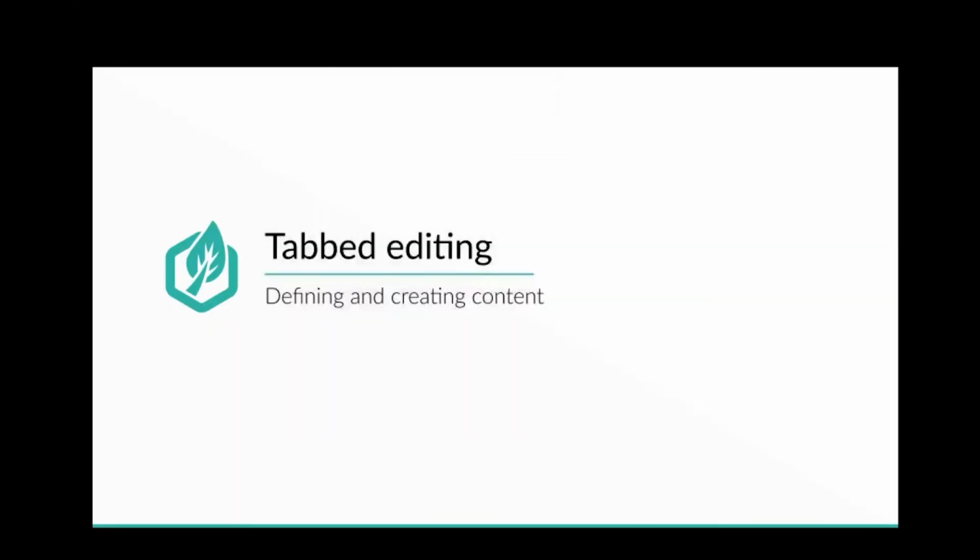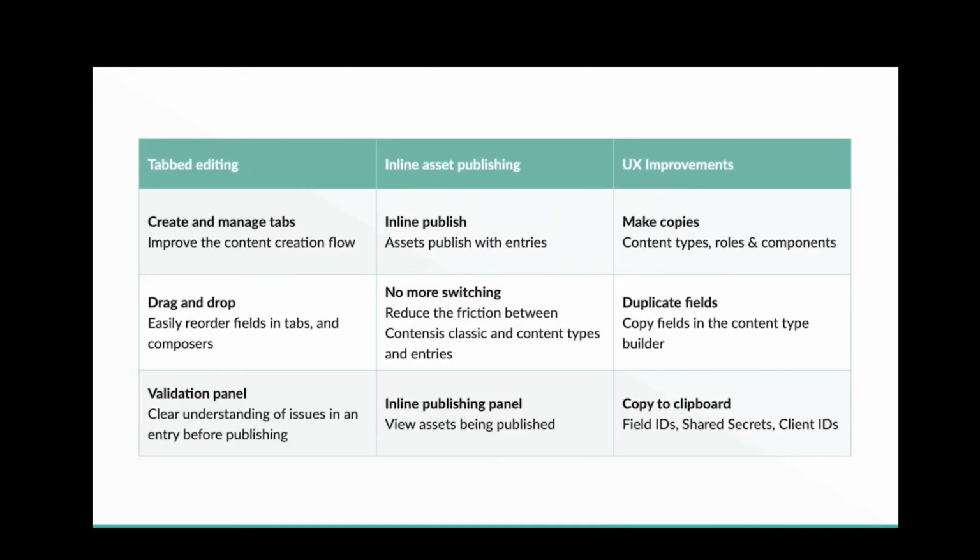So in summary, we have now created and managed tabs to improve the content creation workflow. I demonstrated the drag and drop and the ability to reorder the fields in tabs and composers. Showed the validation panel of errors that may be present within an entry over multiple tabs.